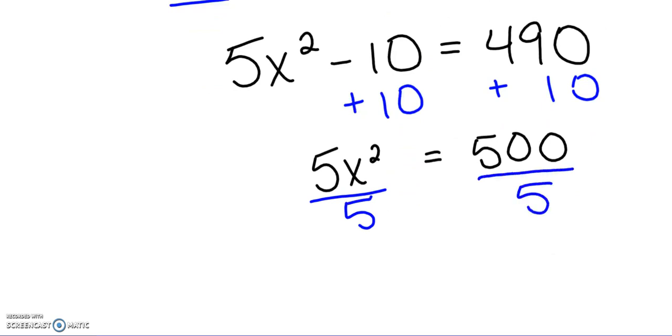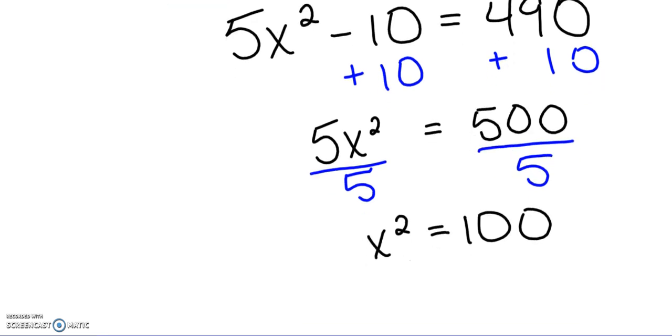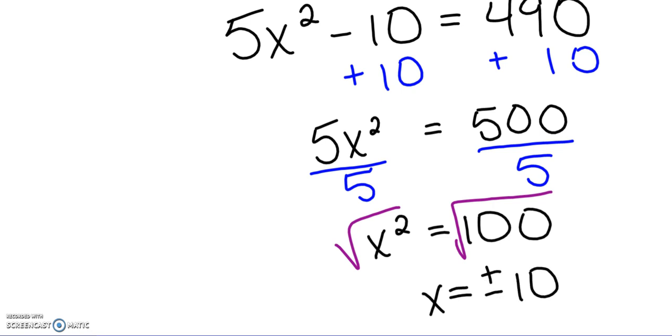So don't do the square root till you're at the very end. So then x squared equals 500 divided by 5 is 100. And when I square root to get rid of the exponent, I get x equals positive or negative 10.